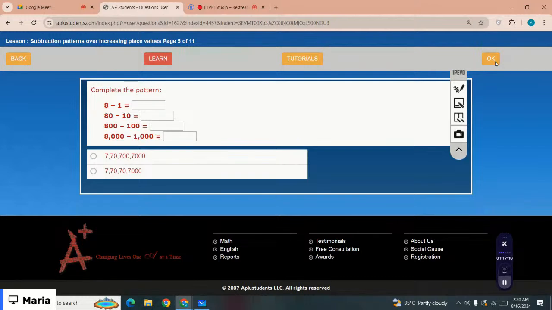The correct option is option number 1. 770, 700 and 7000. Option number 1 is the correct option, right?